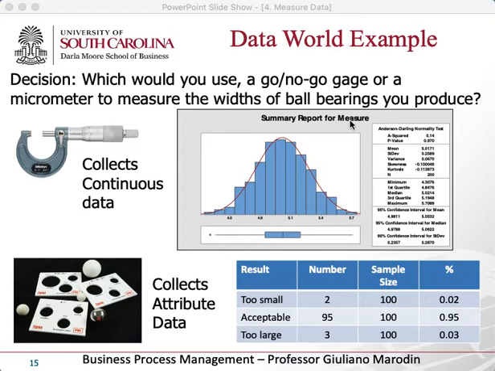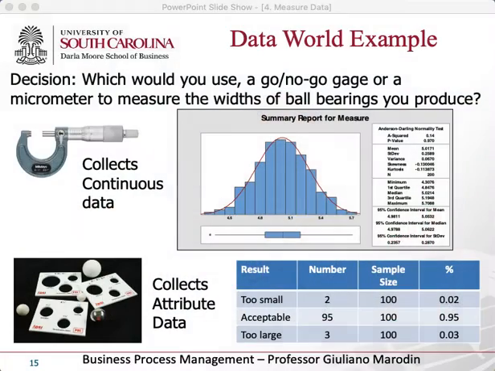But I can't do all kinds of cool and different analysis that I can do if I had continuous data. Another thing to think about is that I can collect continuous data and say, okay, below 4.6 is too low, above 5.4 is too large, and everything in the middle is acceptable.